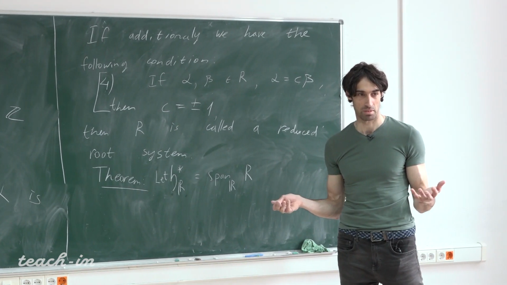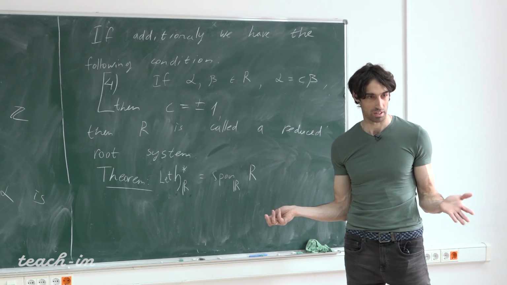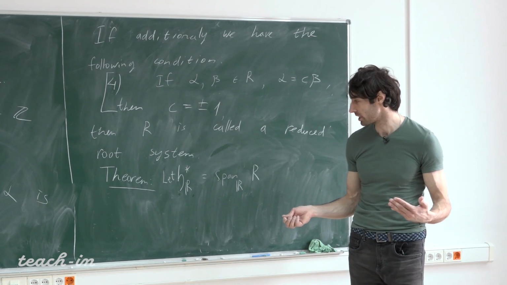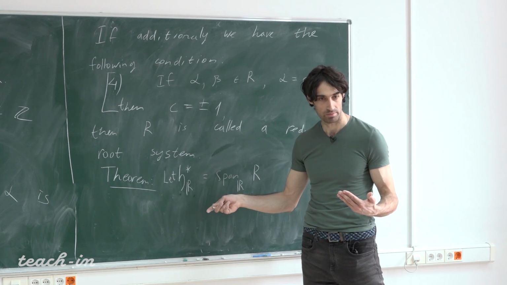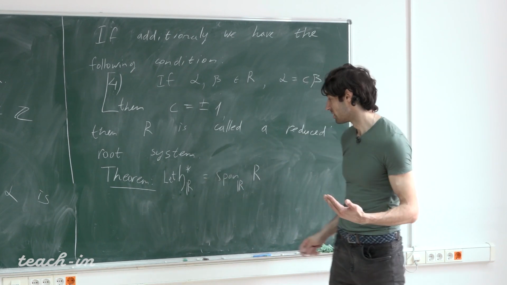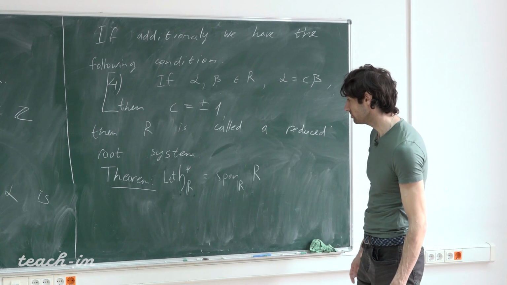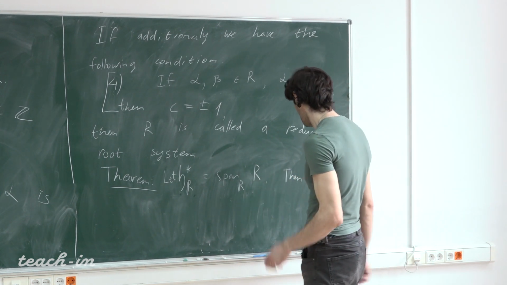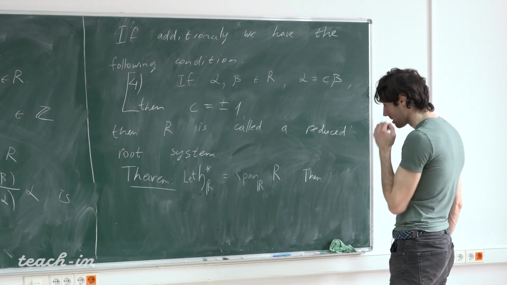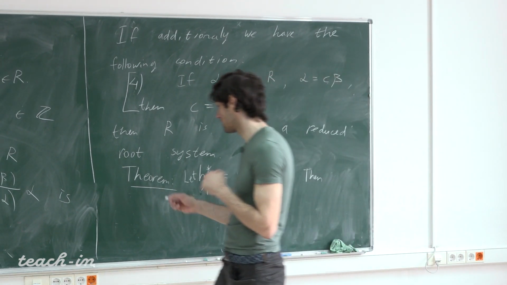This will be some real vector space inside H star. Okay. Then what?